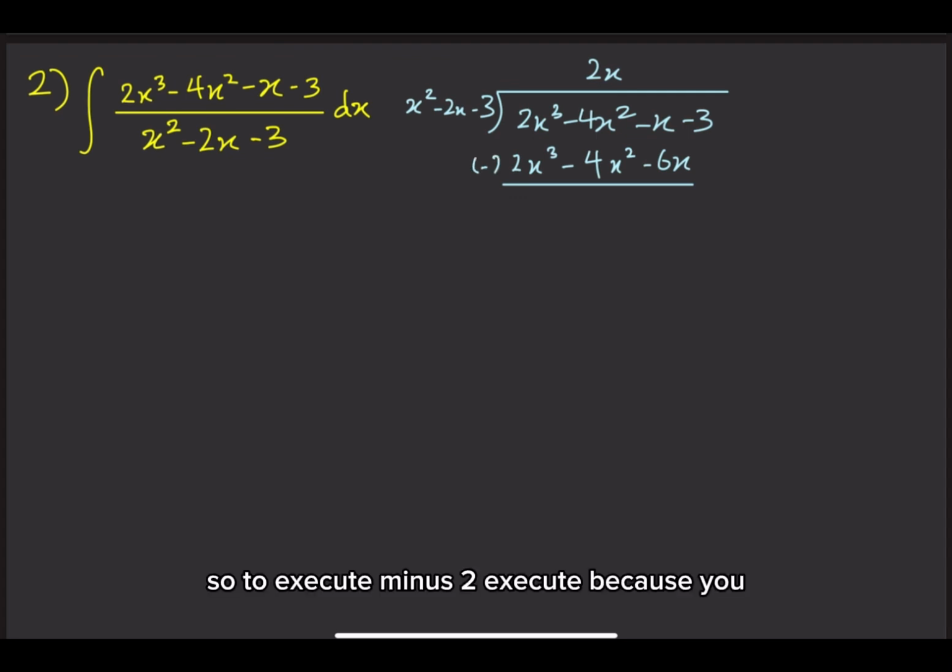So 2x cubed minus 2x cubed equals 0. Negative 4x squared minus negative 4x squared: since minus negative equals positive, it becomes negative 4x squared plus 4x squared, and we get 0. Now negative x minus negative 6x: negative x plus 6x equals 5x. And negative 3 minus 0 is just negative 3, and this is the remainder.